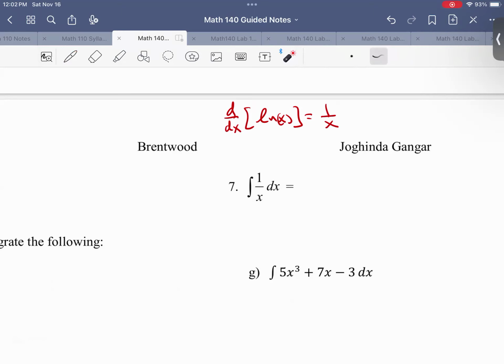So we're just going in the backwards direction. So the integral of 1 over x just becomes natural log of x. But here's a catch. It's going to be the absolute value of x: natural log of absolute value of x.